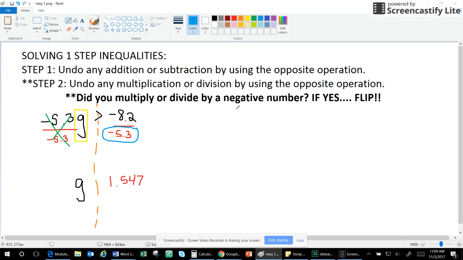This one, we would need to flip the inequality symbol because I'm the one who introduced the negative division on the one side of the equation. All right, so that's the difference between the previous problem and this one. The previous problem, the negative sign was already on that side of the inequality. Once I did it, and brought it over, then I had to worry about it.